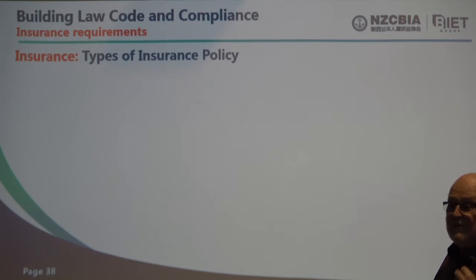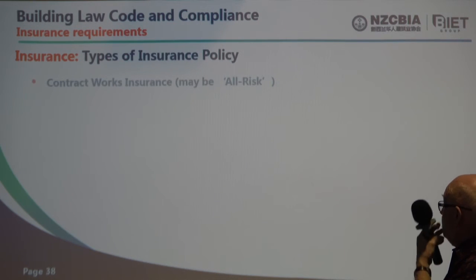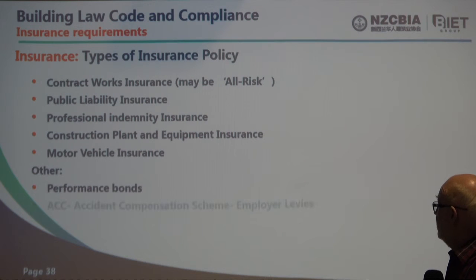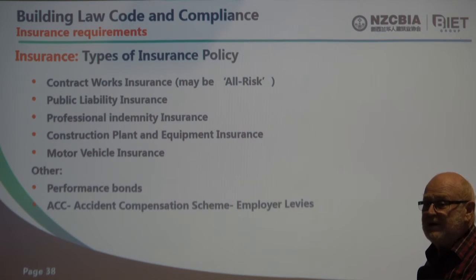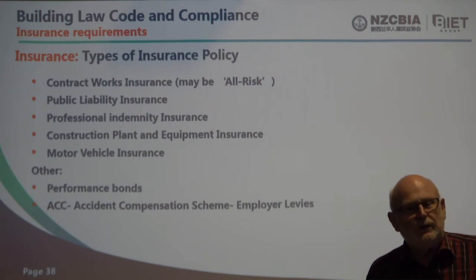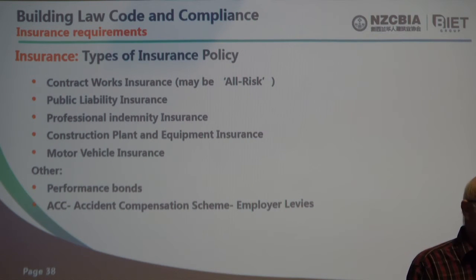So there are a number of types of insurance. The top one there is contract work insurance. And sometimes that's called all risks, builder's all risks policy. It's better, in my view, to separate these things and have a contract works insurance policy. This covers all the work on the project.